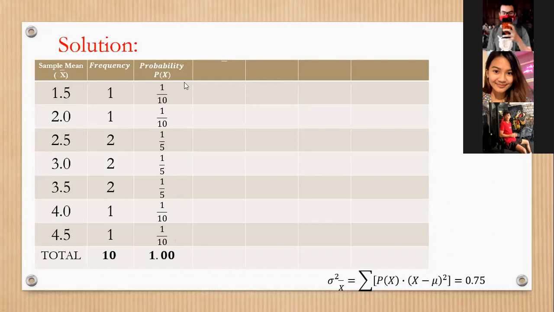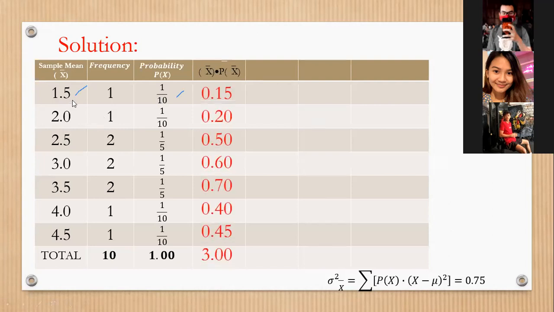Okay? So, pagkatapos po natin yung i-put up, the next thing to find is the column for the mean times the probability of the mean. So, ito pong dalawang columns na to ha, itong 1.5 times 1/10, ang imumultiply natin to get that column, ito, at saka ito. Yan. Okay? So, pag ginawa na po natin yan, we will have these values.